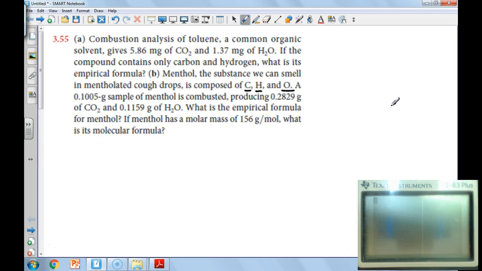I feel it necessary to talk a little bit about this: anytime we do these elemental analysis problems, whether it's combustion analysis or even gravimetric analysis, the whole idea is that you take this information and isolate the elements into a separate compound that you can find the mass of.